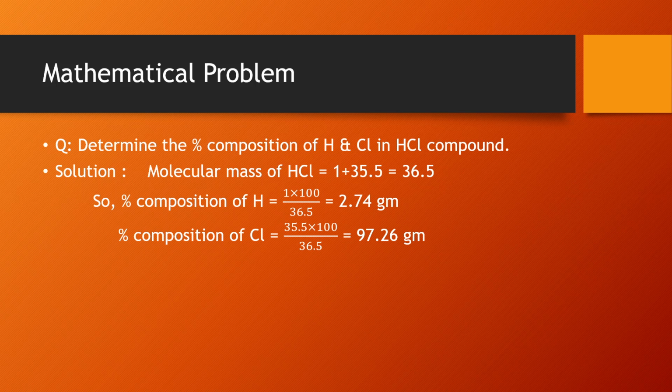In the solution, we can see that the molecular mass of hydrochloric acid is 36.5 gram, and the percentage composition of hydrogen, calculated by the formula of percentage composition, is 2.74 gram, and the percentage composition of chlorine is 97.26 grams. So we can easily determine the percentage composition from the molecular mass of a compound. This is the process.